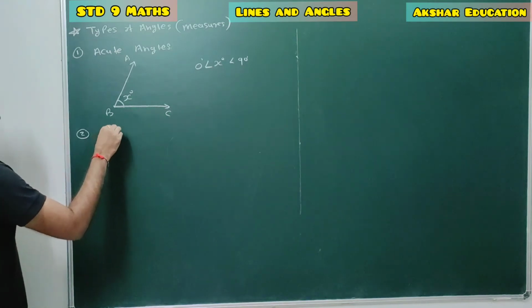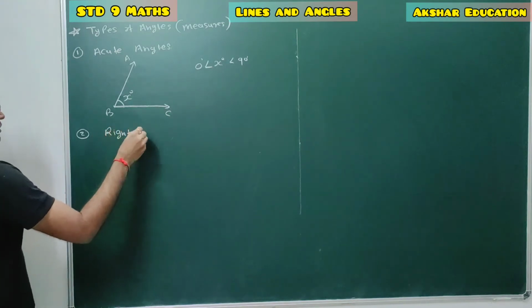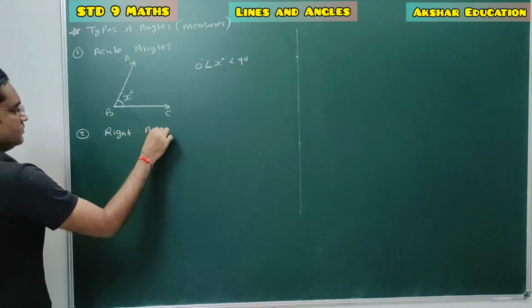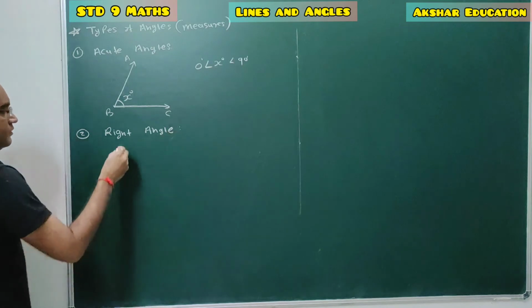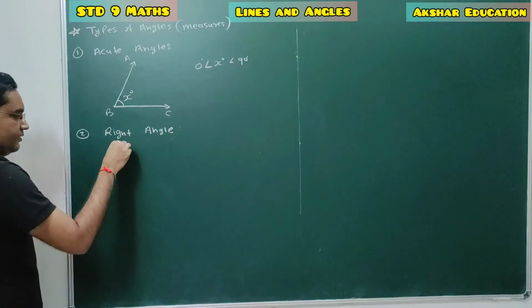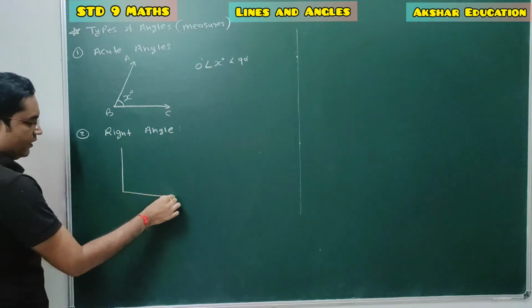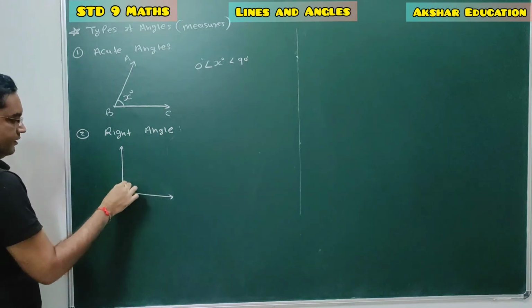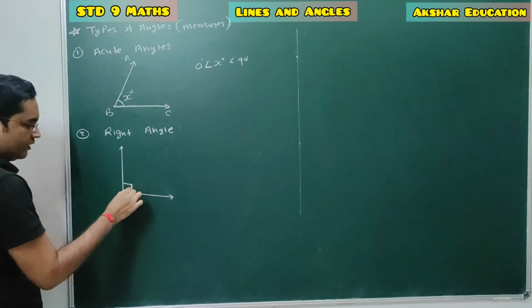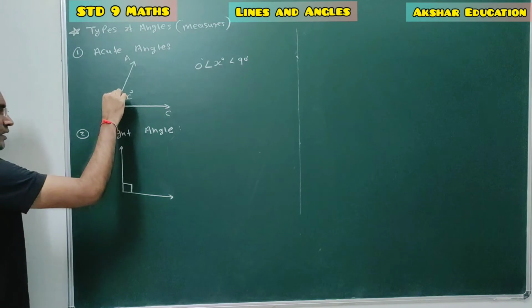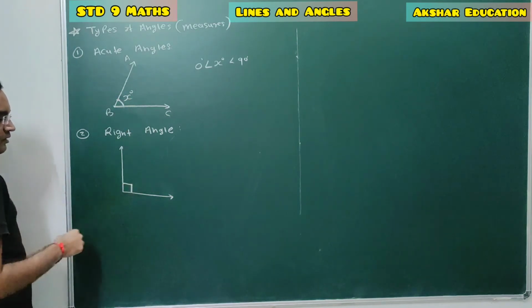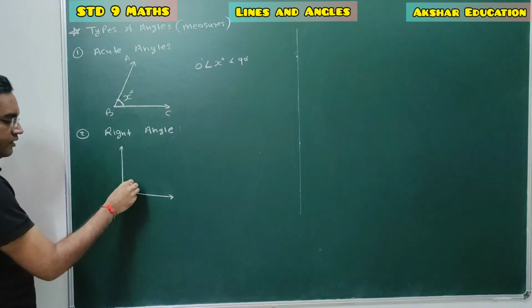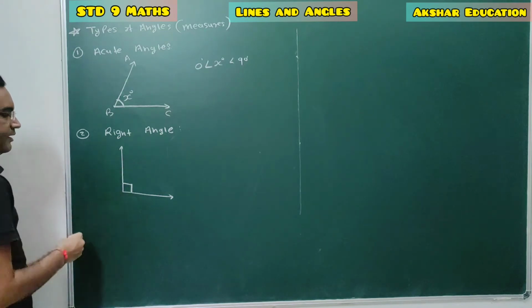Then second type of angle is right angle. So what is a right angle? Right angle means 90 degree. For right angle we are using the symbol like this. For any normal angle we are using this arc, but here we are using this square type of symbol to represent right angle.